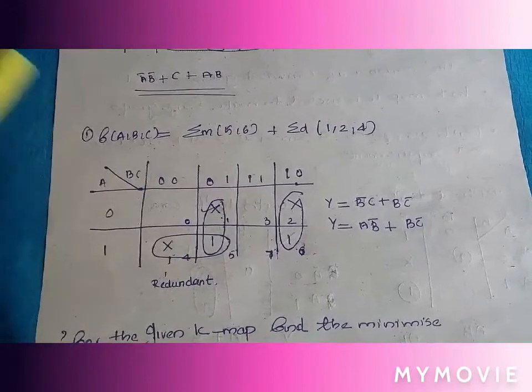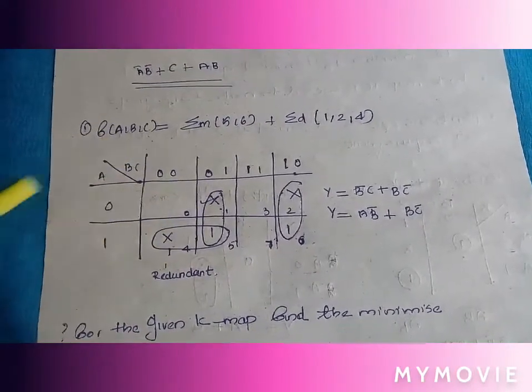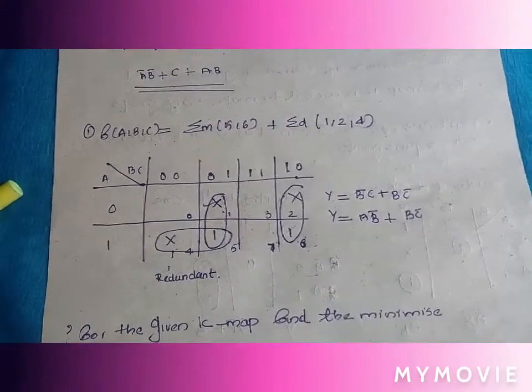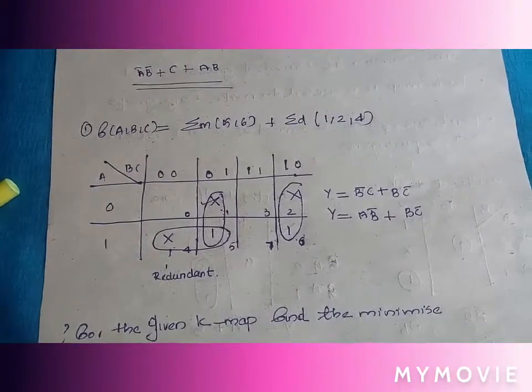Okay, so we can get here two answers. From that, if the don't care condition is useful, we can select that, or if it is not useful, we can neglect it.